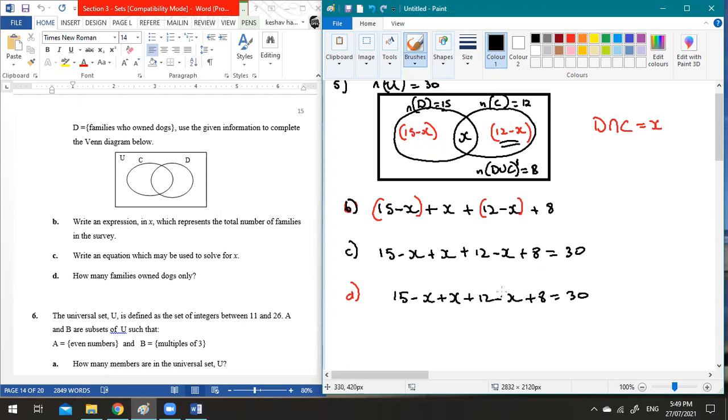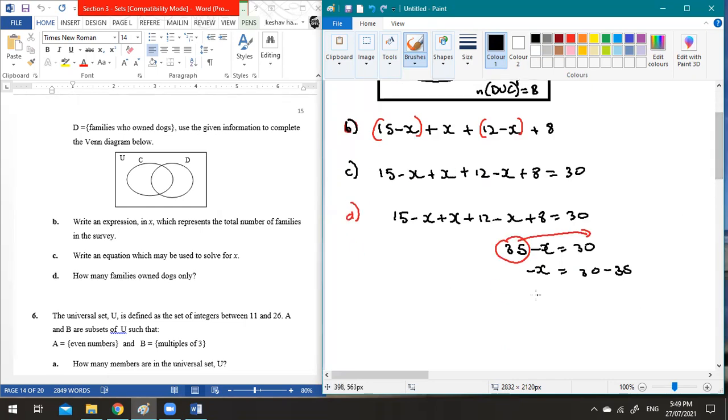We're going to solve it. So again, I got 35 minus x is equal to 30. I carry the 35 to the right hand side, it becomes negative. I'll have negative x is equal to 30 minus 35. So negative x is equal to negative 5.